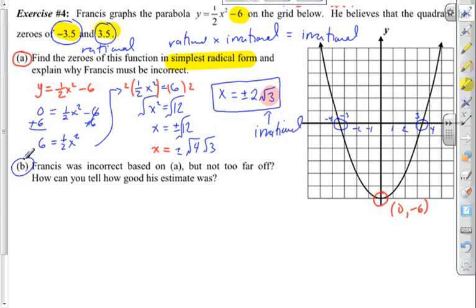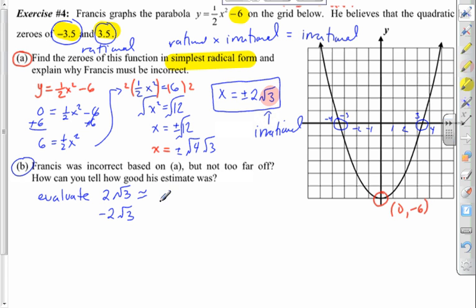So part B asks us, Francis was incorrect, but not too far off. How can you tell how good his estimate was? Well, we would want to know what the value of that expression is, approximately. So we would evaluate the expression 2 times the square root of 3 and negative 2 times the square root of 3.